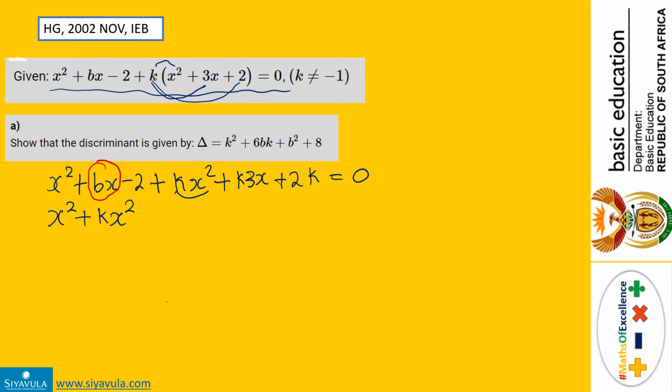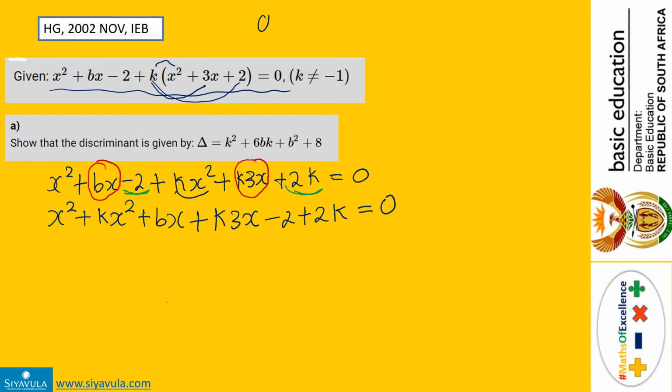Its friend is k3x, so we put plus bx plus k3x. Do we have another one? We have these ones which are our constants, so it's minus 2 plus 2k being equated to 0.